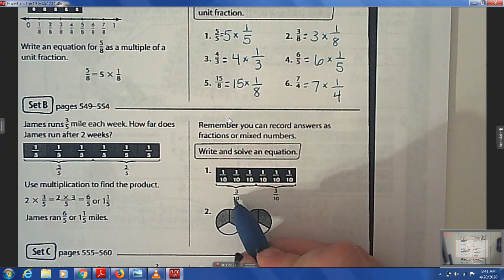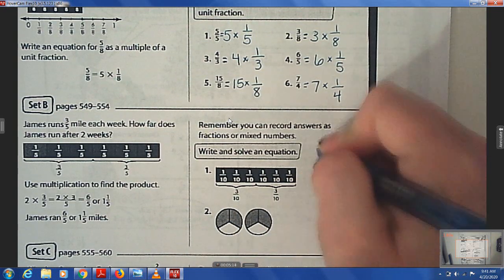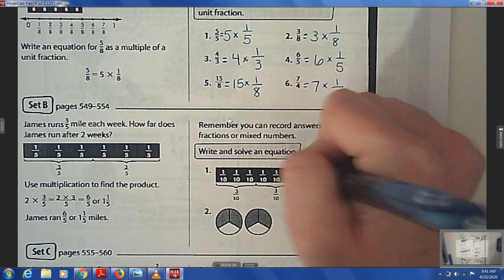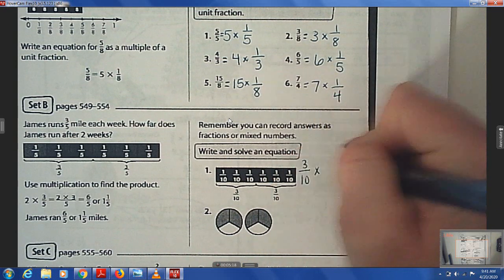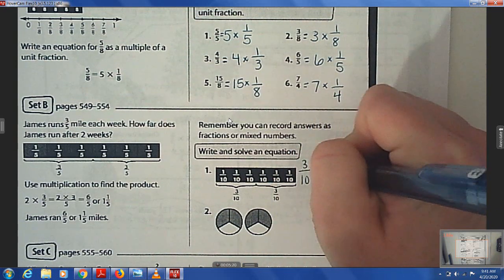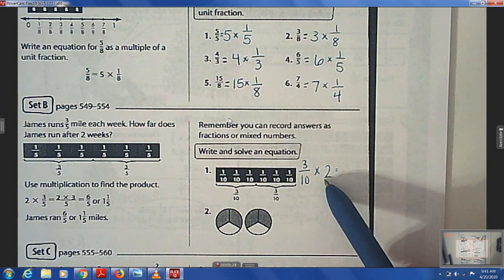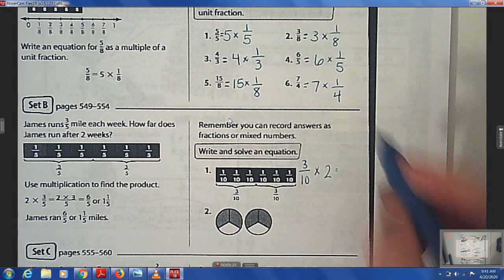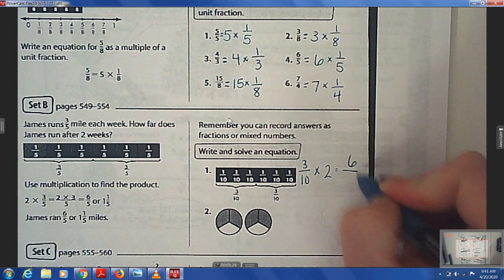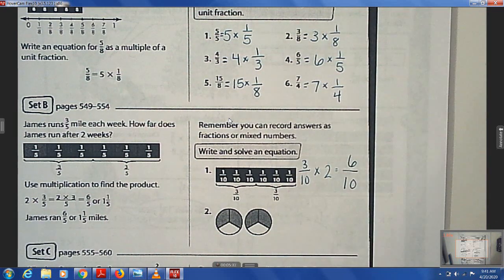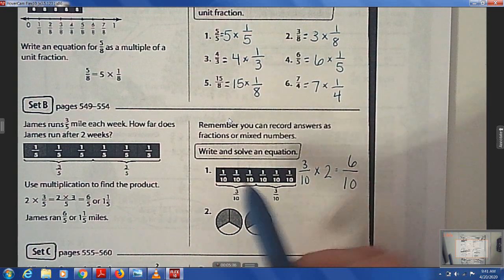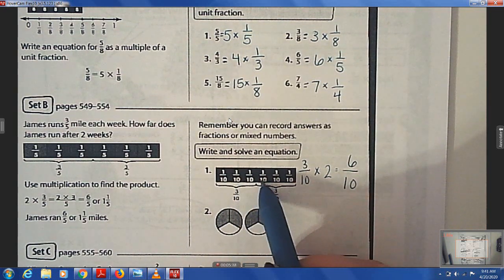So I'm going to write the 3/10 times 2, numerator times the whole number. So 3 times 2 is 6 over our denominator of 10. And the picture helps you to check your work because you really do see 1, 2, 3, 4, 5, 6 tenths here.